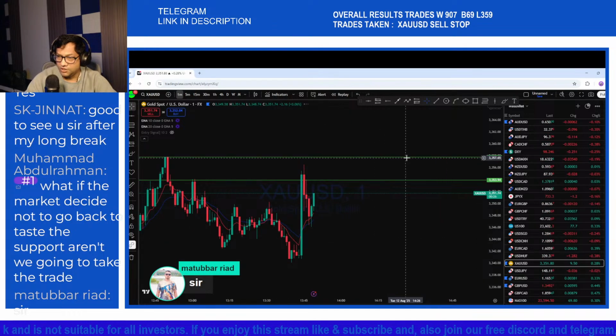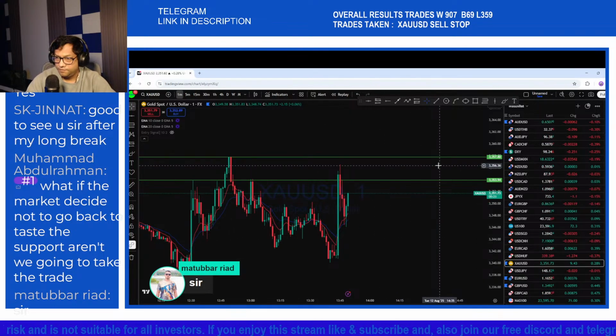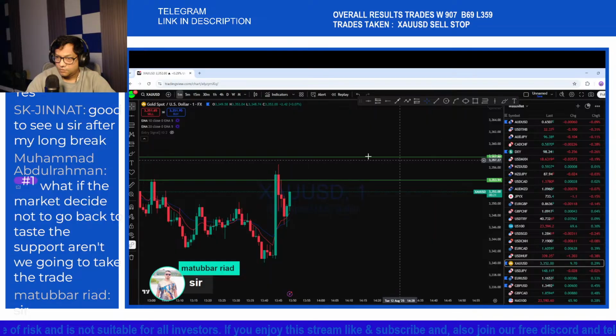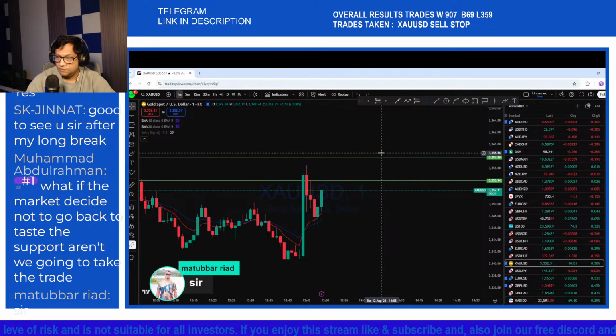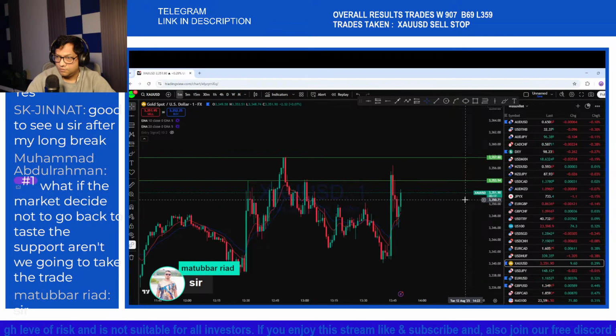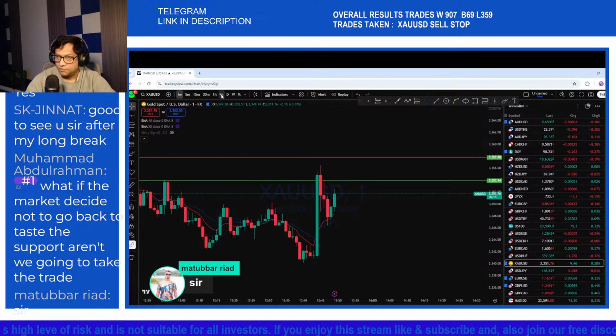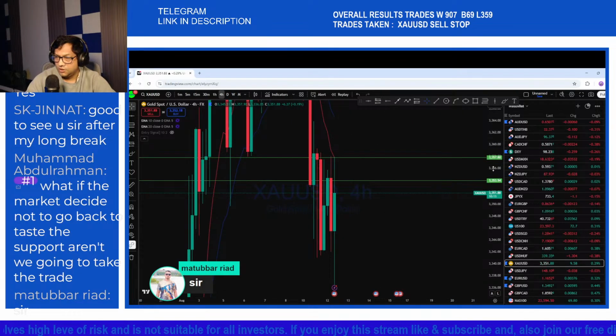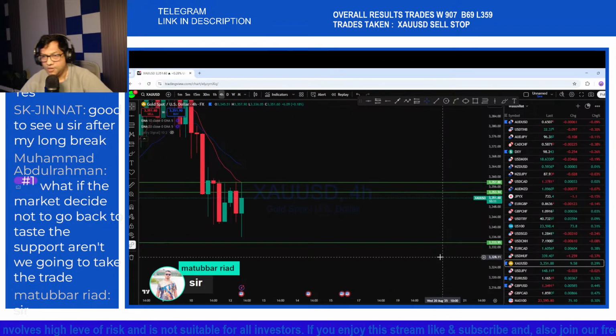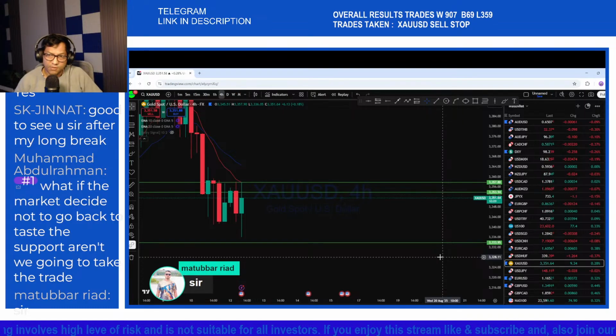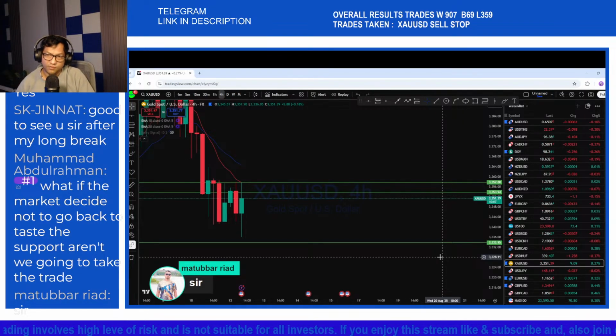Waiting for the price to show up. For nearly 10 minutes, there have been multiple rejections from this support level.